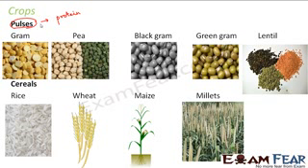Millets are also commonly known as bajra. We use these as our main food, for example to prepare rice, pulao, or chapati. These cereals are a very good source of carbohydrates.